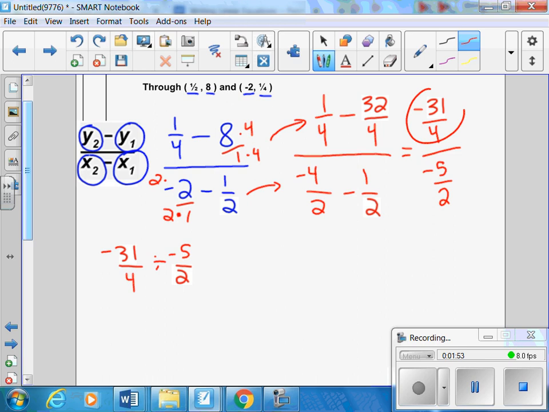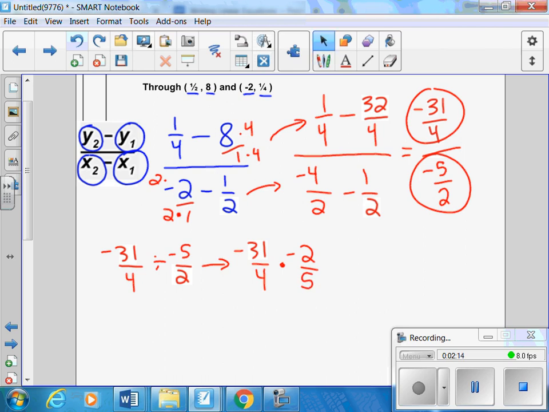However, instead of dividing by the fraction, we're going to multiply by the reciprocal, -2 over 5. So let's rewrite this as -31 over 4 times -2 over 5.